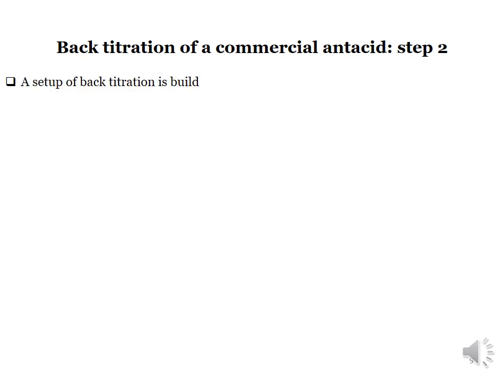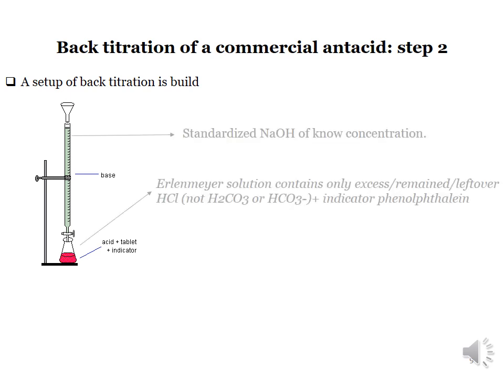The second step, we set up a back titration, and then we start to titrate the resulting solution that contains the remaining, or the leftover, or the excess hydrochloric acid, the remaining after they neutralized the antacid.